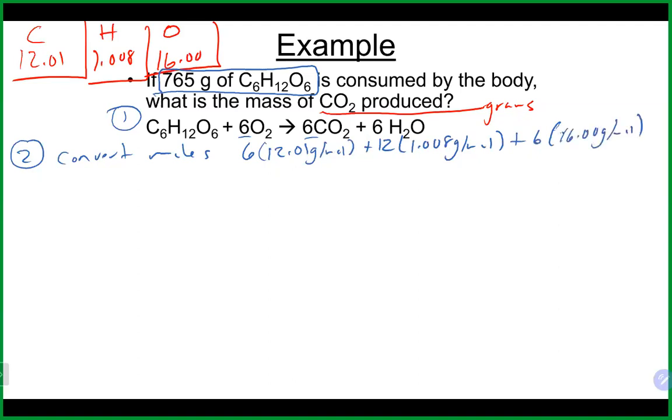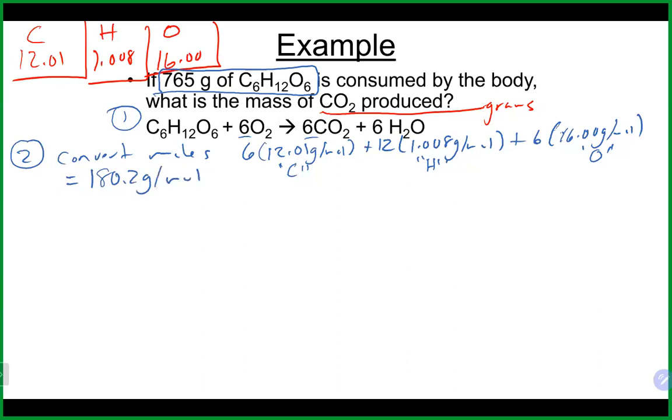So this is all of our carbons, all of our hydrogens, and all of our oxygens, just adding up all the parts. That's 180.2 grams per mole, our molar mass.